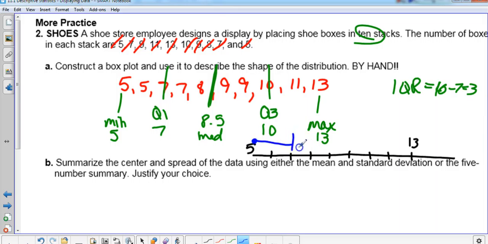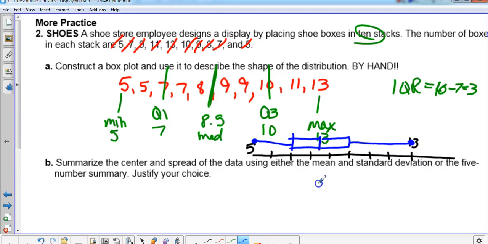Then the box starts and it goes to 8.5. So this was 7, 8, 8.5. That's a quarter of the data in that part of the box. Then from 8.5 to 10 is the other half of the box. And the whisker starts from 10 and goes out to 13.